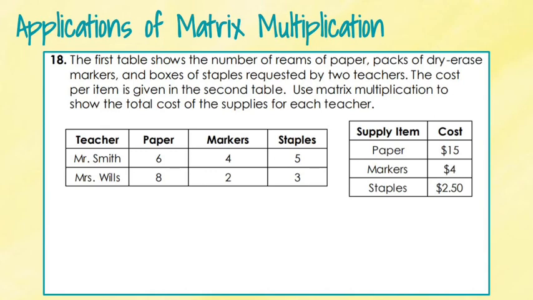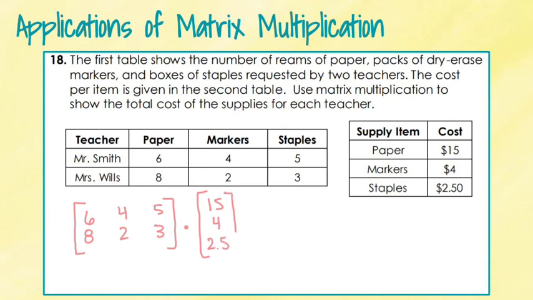So if we turn this chart into a matrix, so 6, 8, 4, 2, 5, 3, and then we turn this into a matrix, we can multiply them together and it will be the same thing that we were just talking about doing.